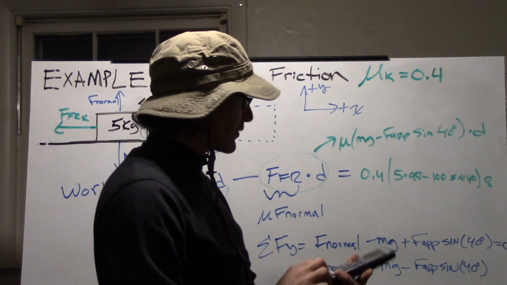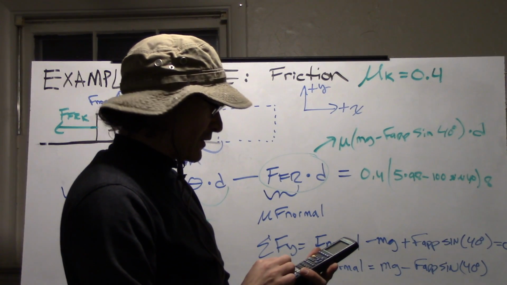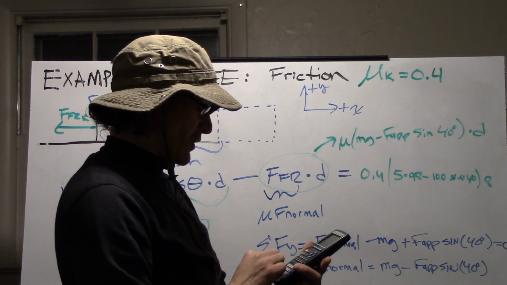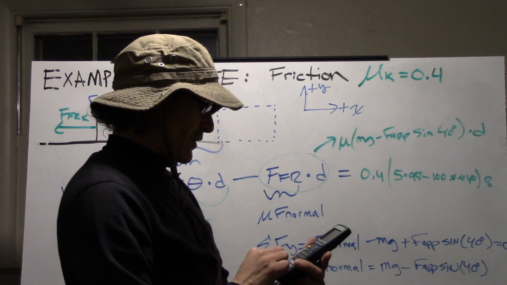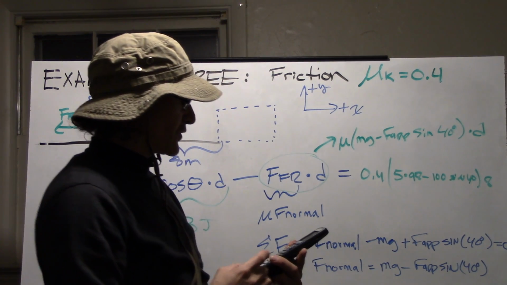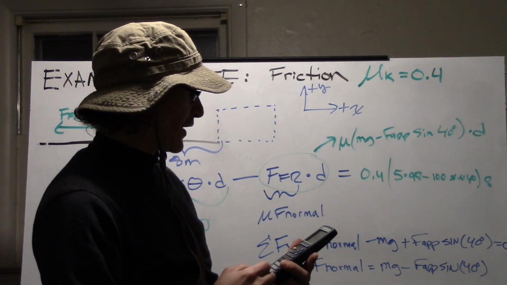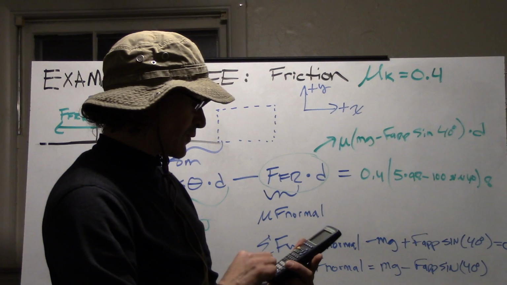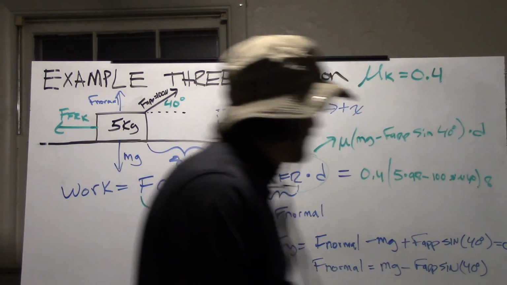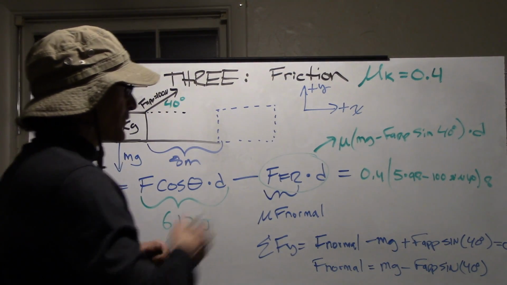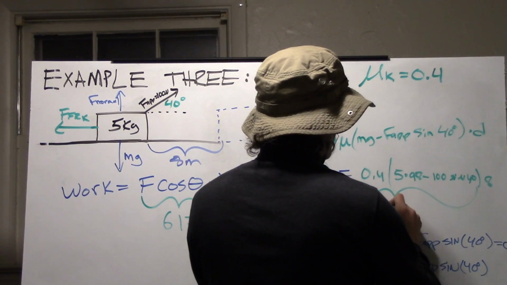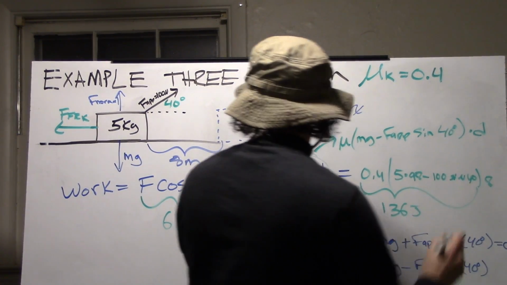I can do the rest almost in my head. 5 times 9.8 minus 100 sine 40, in degrees, that's 42.6-ish. Times 8 times 0.4, I get about 136. So altogether, the negative work performed by friction was 136 joules.